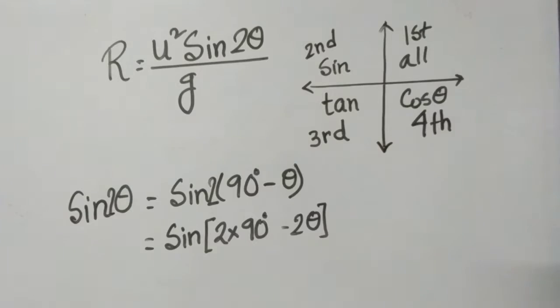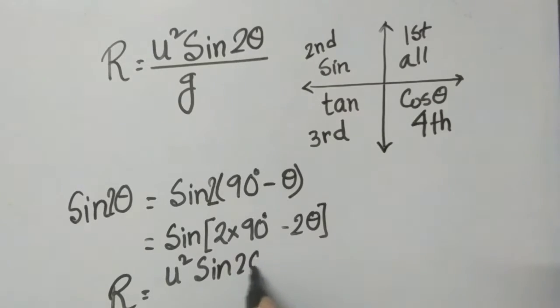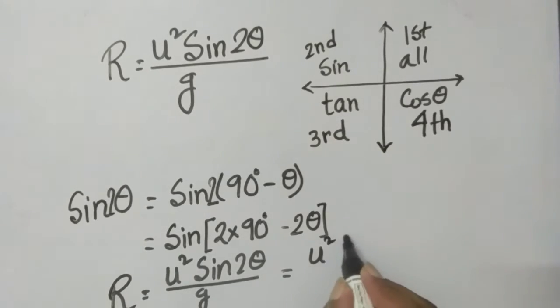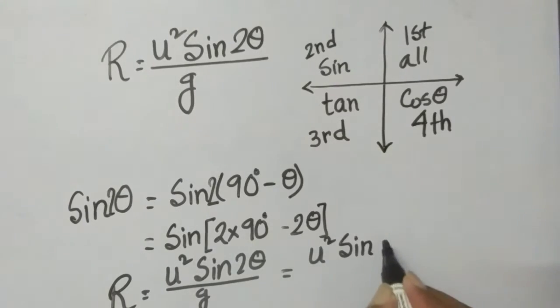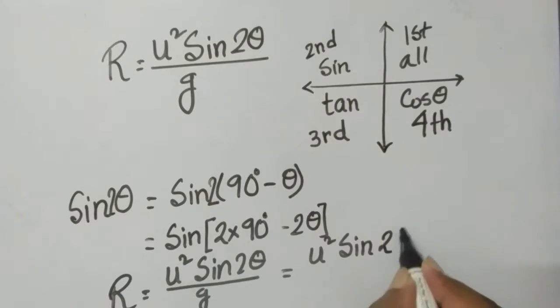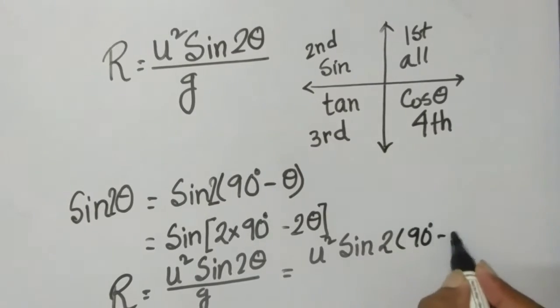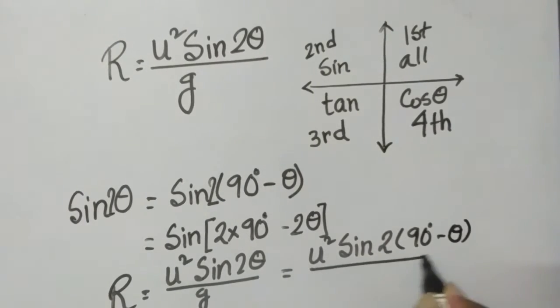If it is true, then trigonometry allows us to tell that range R equals u square sin 2 theta divided by g. This expression can also be written as u square sine 2 into 90 degree minus theta divided by g.